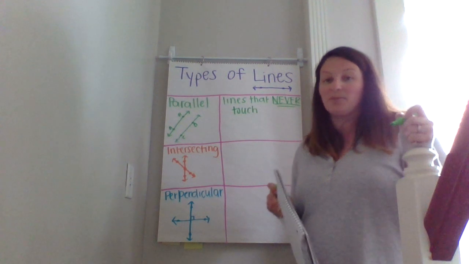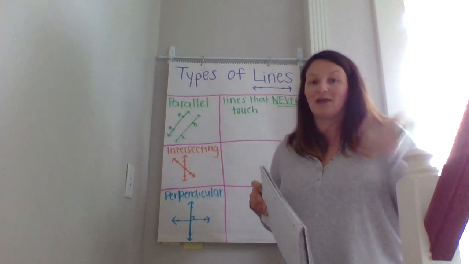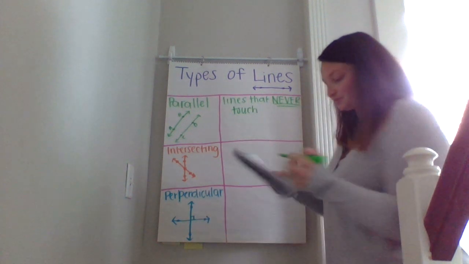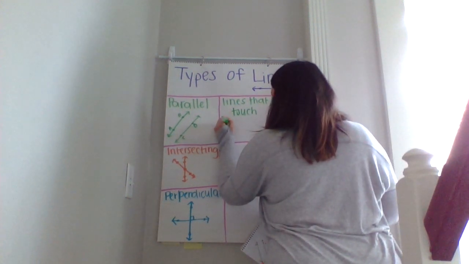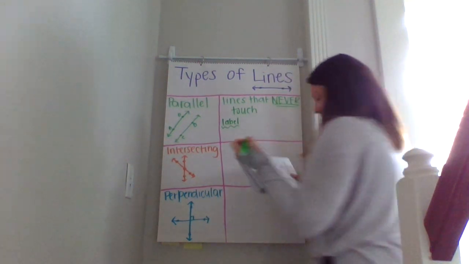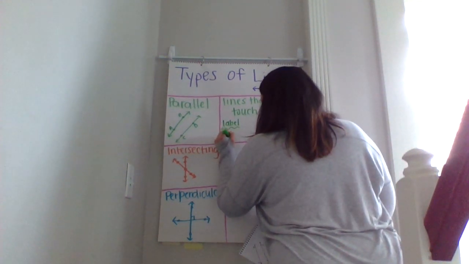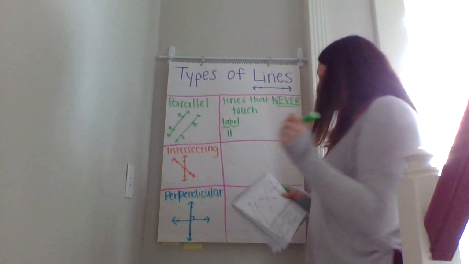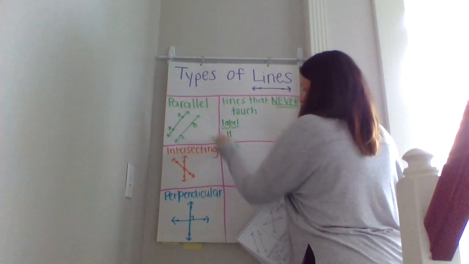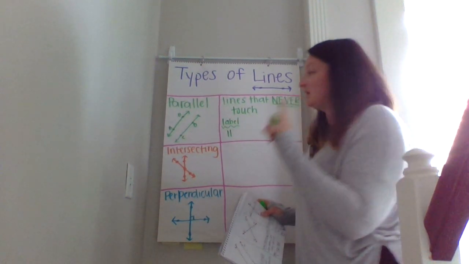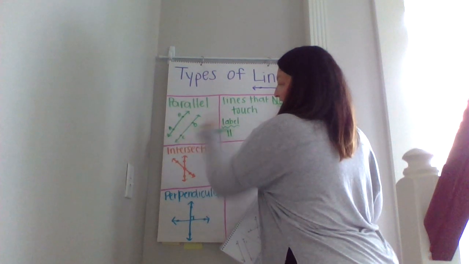And just like we label our lines, our rays, our line segments, we label parallel lines as well. So the label for parallel lines looks like two L's or the number 11 right next to each other, okay? So we would label using this symbol here, and we would label what the line names are.